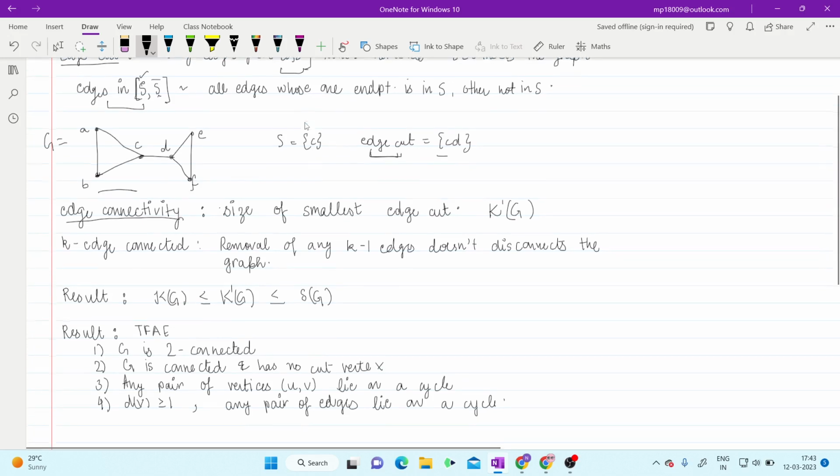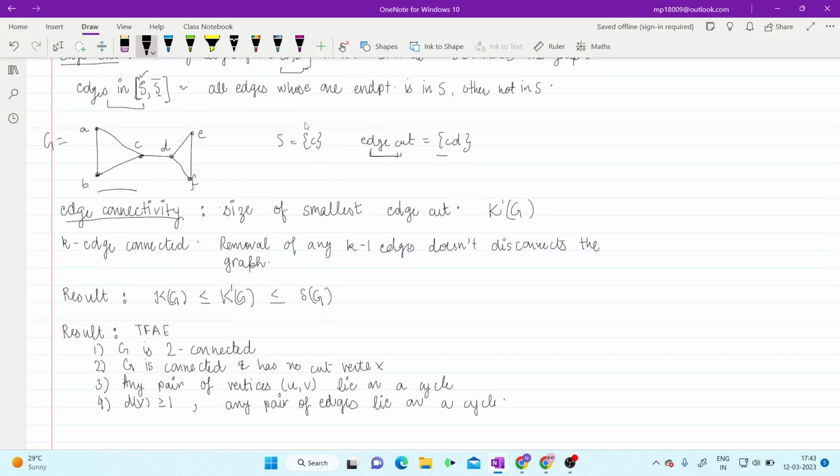When we said k connectedness, we were referring to vertex connectivity, meaning if we remove any k minus 1 vertices, the graph should remain connected. Similarly, k edge connectedness means that if we remove any k minus 1 edges, the graph should remain connected.